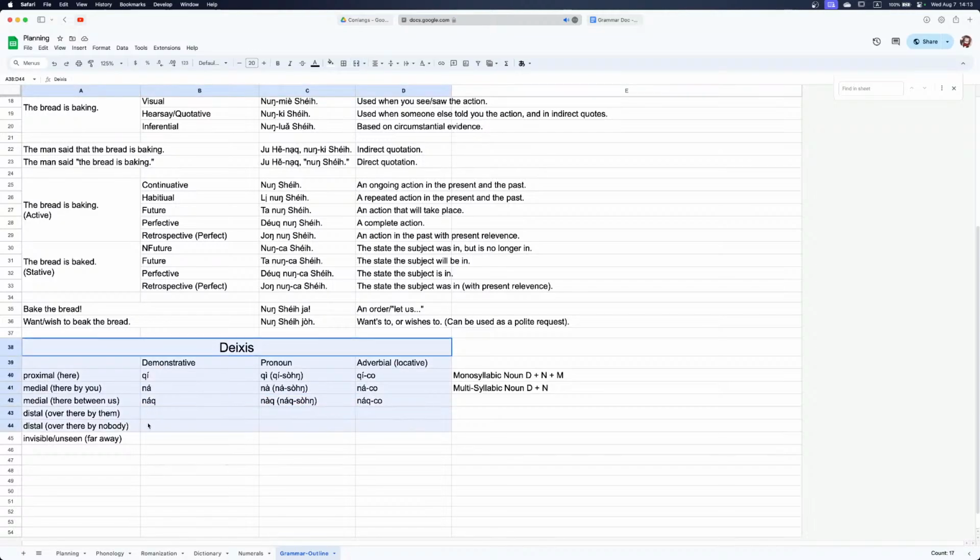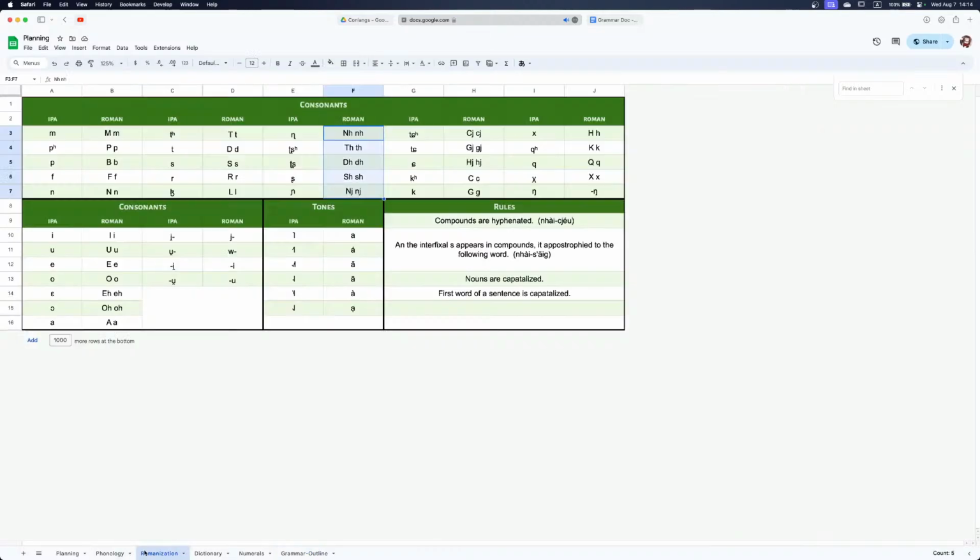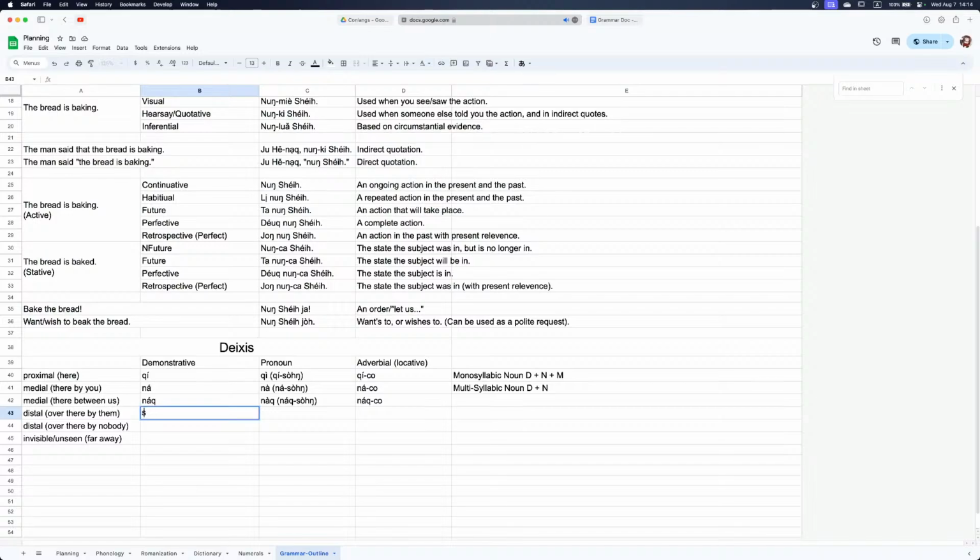Okay, so currently I'm working on the deixis, or the pointing of the language. So we have here by me, there by you, there kind of between both of us. And then what should I do?